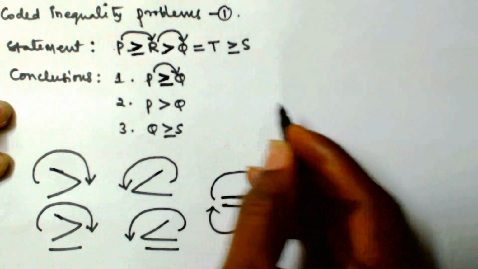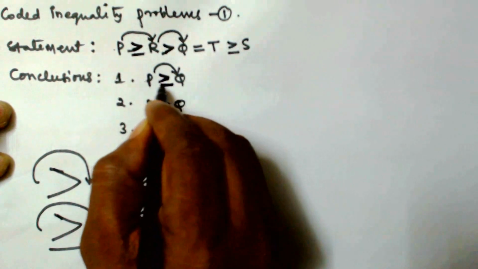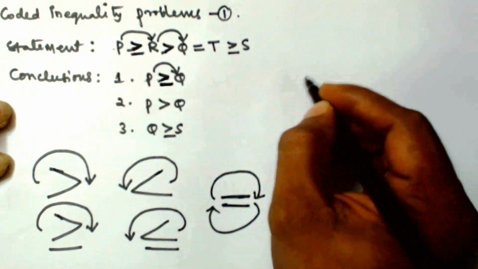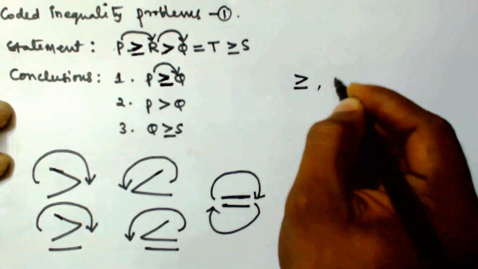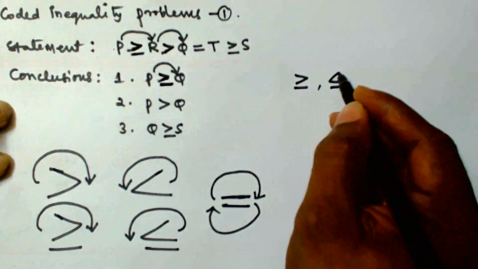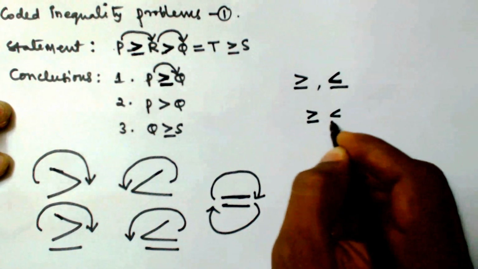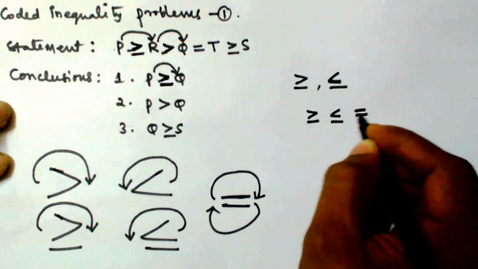But here you have to remember another thing. Whenever the conclusion contains greater than or equal to or less than or equal to, all the movements must contain greater than or equal to, less than or equal to, or equal to statements only.